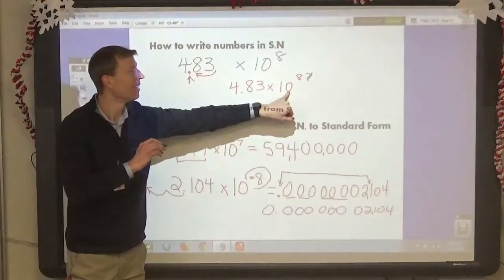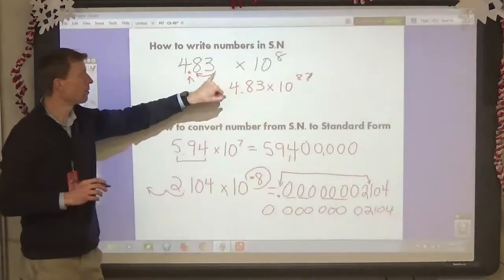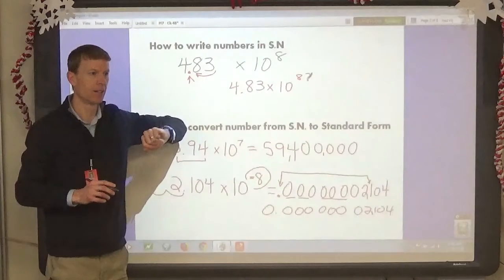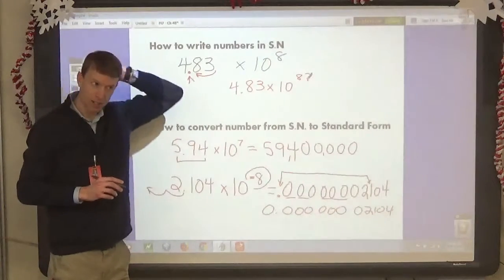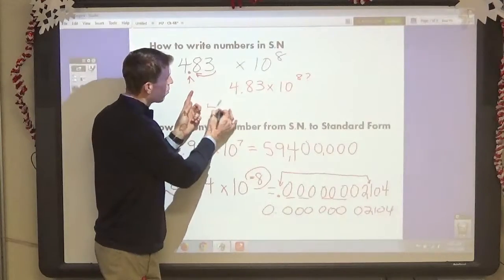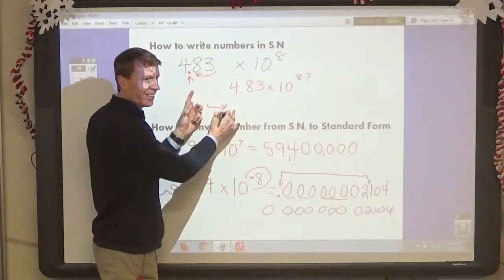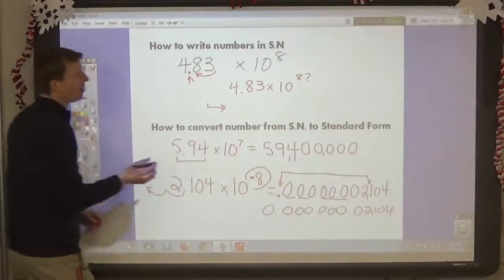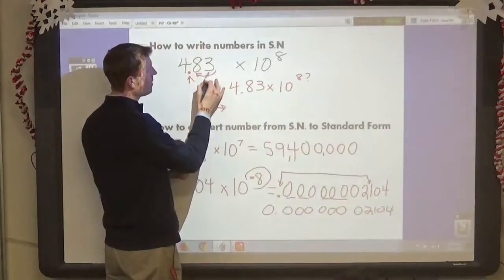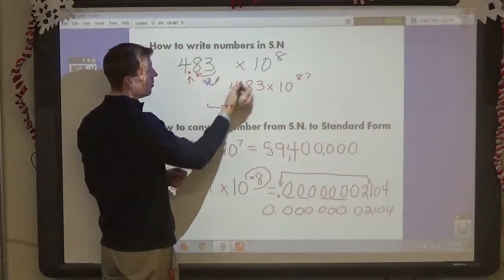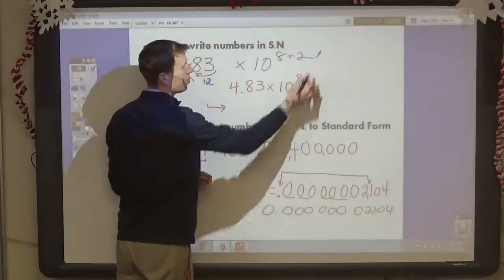Would it have to be a smaller power of 10 or a bigger power of 10? If we move the decimal place, we make it smaller. So, fix your answer. Bigger. It would have to be bigger. Since this is 2 places, we'd have to add 2 to our power of 10.